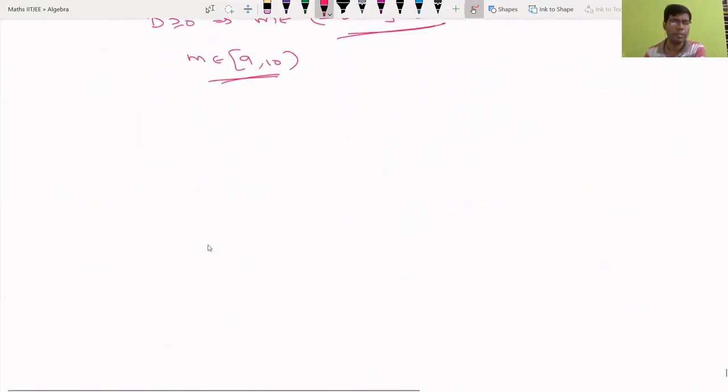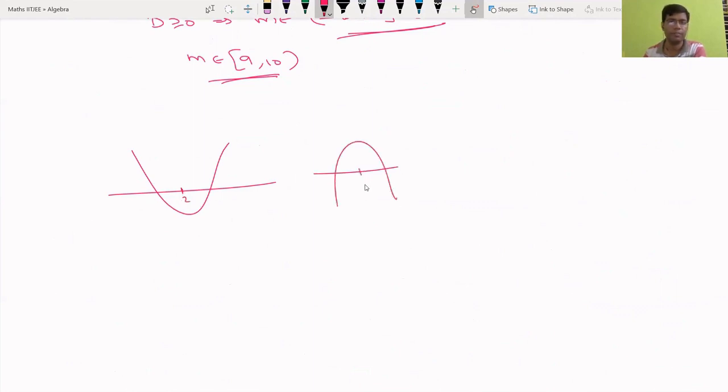Okay, it's again simple. So this is my 2. So one root is smaller than 2, another root is greater than 2, either this or this. So whenever 2 is in between, we know the condition is a f of 2 will be less than 0.